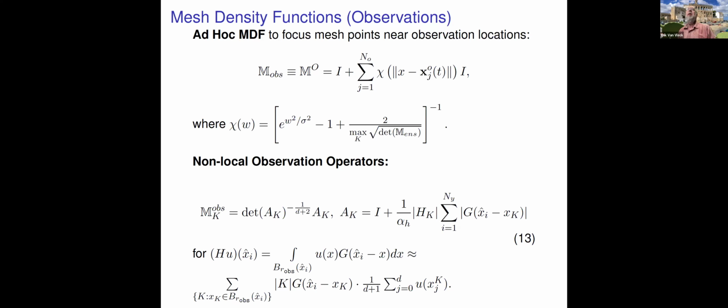This is just a bunch of Gaussian bumps centered on the observation locations. And finally, here in equation 13 is another mesh density function that we derive for non-local observation operators. These come from this kind of convolution-type integral, and this is actually very similar to the Hessian-based approach for the ensemble solutions.